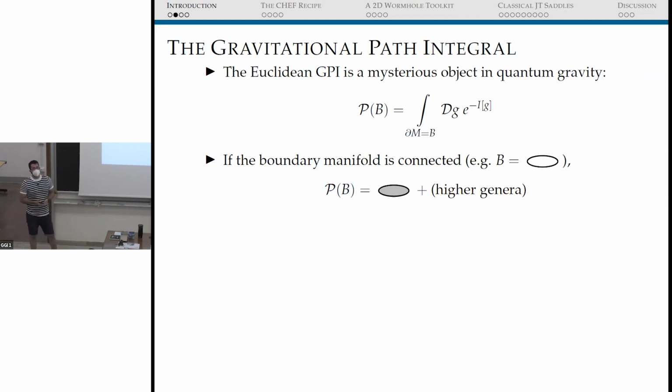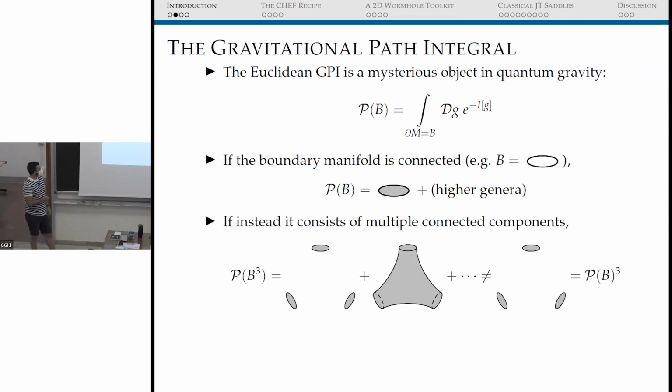Now the interesting thing happens when we consider boundary manifolds that consist of multiple connected components, not just one. So what happens then is that the gravitational path integral is able to, or wants to, integrate over manifolds that are connected, even though the boundary is not.